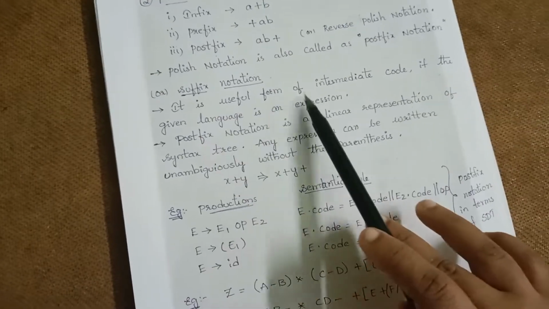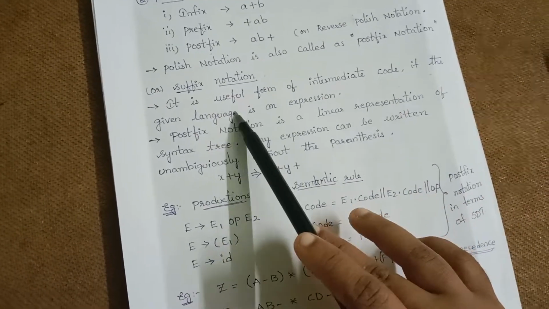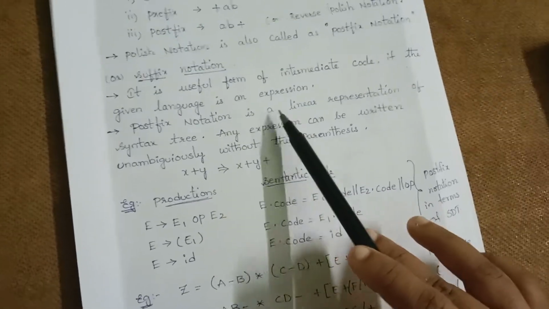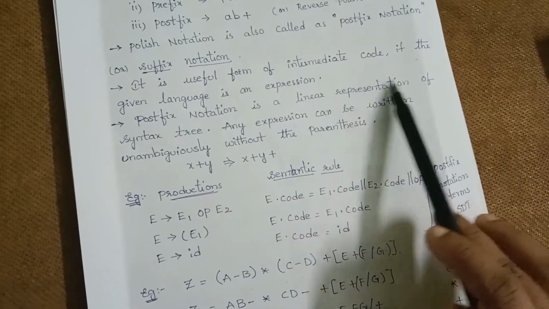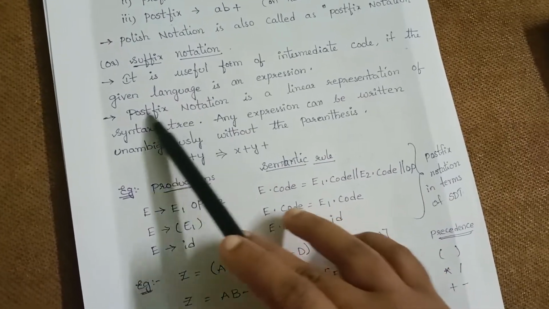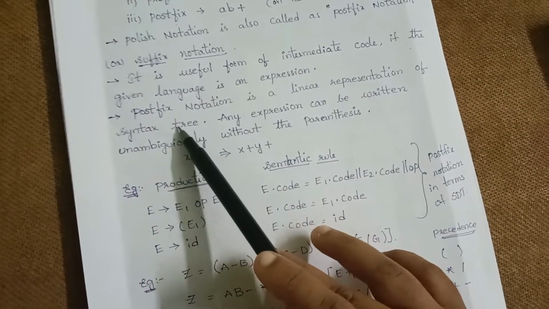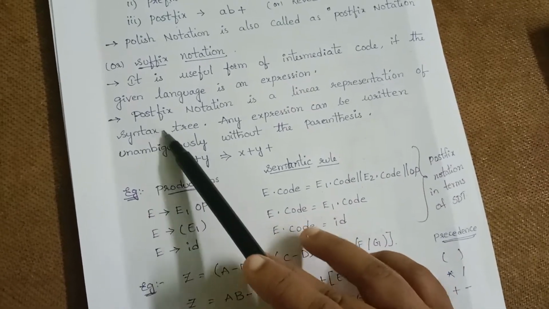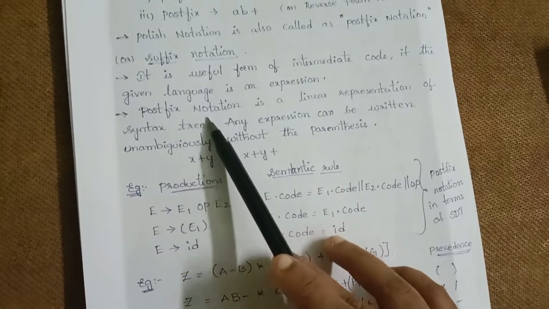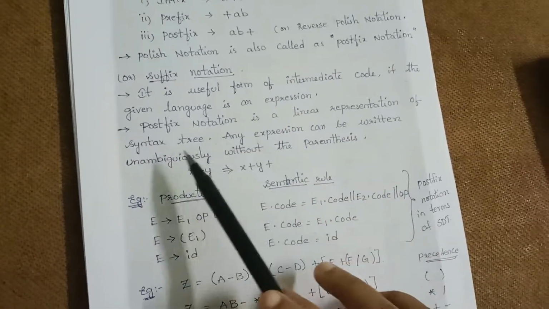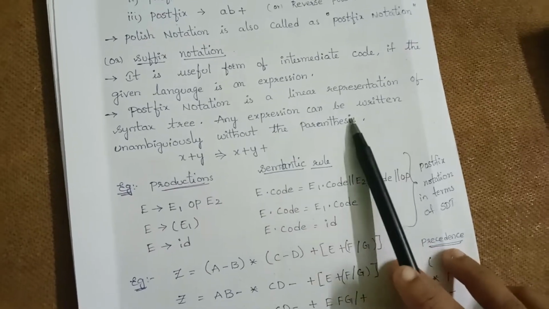It is a useful form of intermediate code if the given language is an expression. Postfix notation is a linear representation of the syntax tree. So if the syntax tree is represented in a linear way, it is called the postfix notation. And any expression can be written unambiguously without the parenthesis.